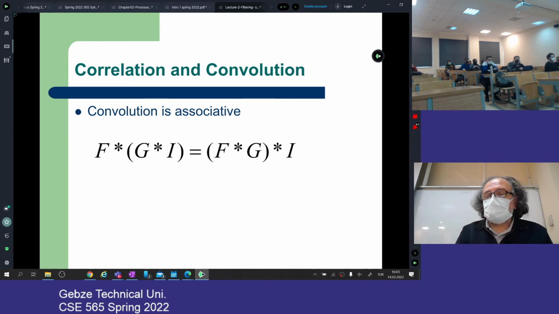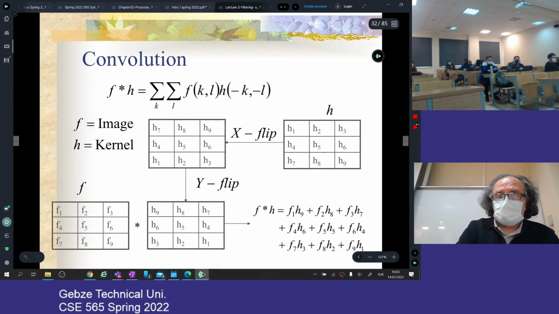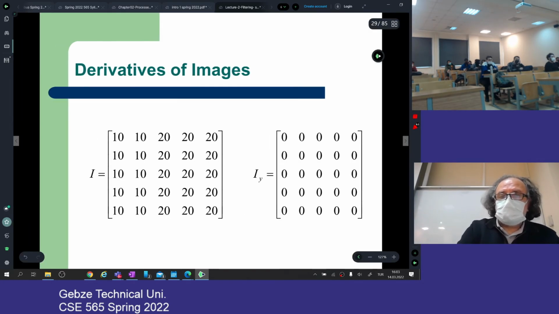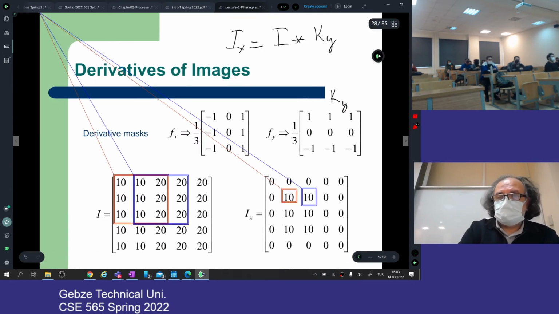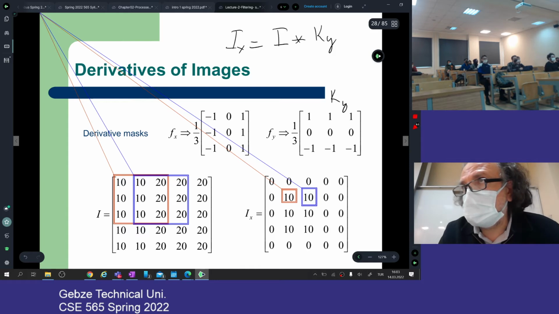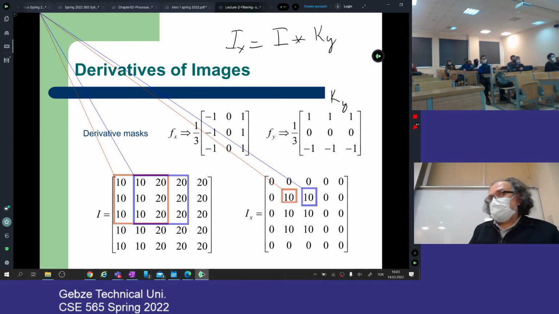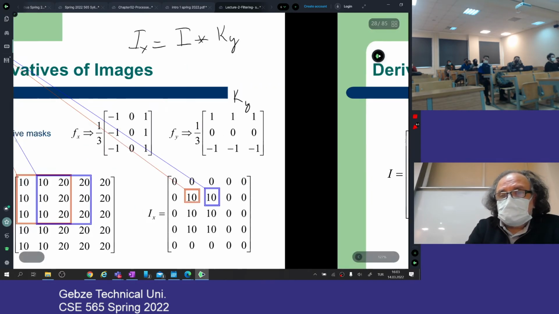So we are going to use convolution to apply these kinds of kernels to our images. This is a derivative kernel with respect to X. This is a derivative kernel with respect to Y. Convolution is not used just for taking the derivatives. It can be used for many other things.